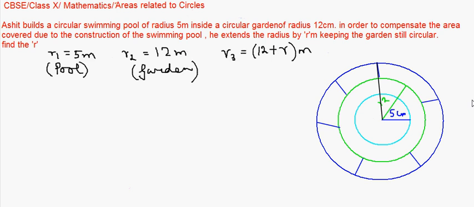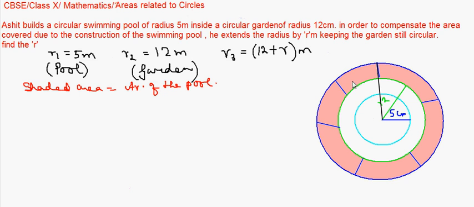Okay. Because he is compensating the area for which he is constructing the pool, the area of the pool should be equal to the area for which it has extended, right? So the shaded area, which I have shaded using pink, should be equal to the area of the pool. What is the shaded area?